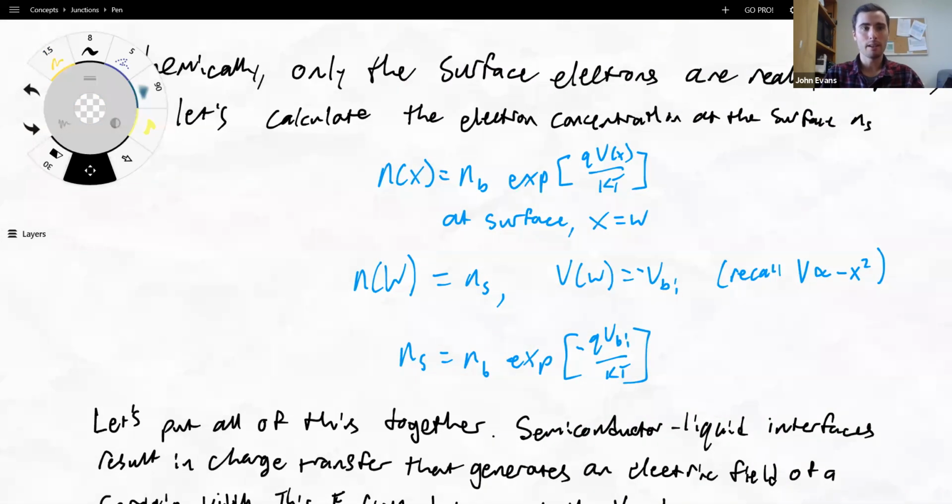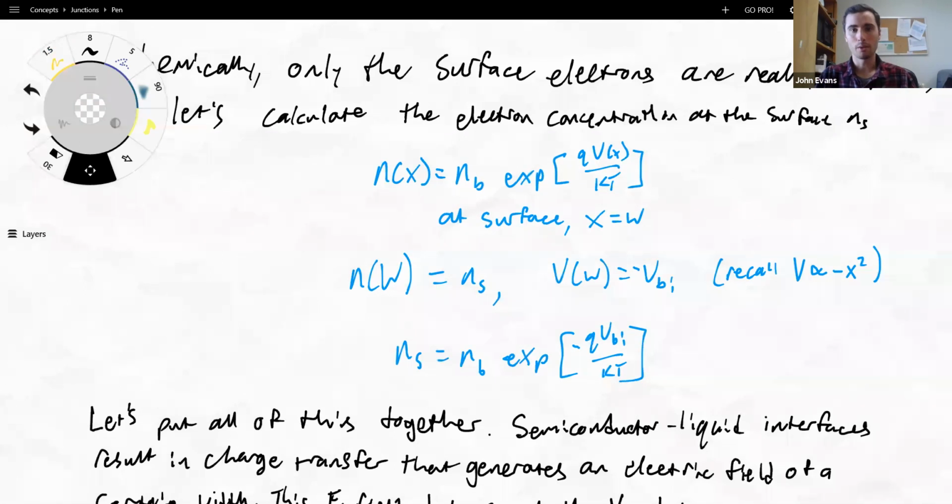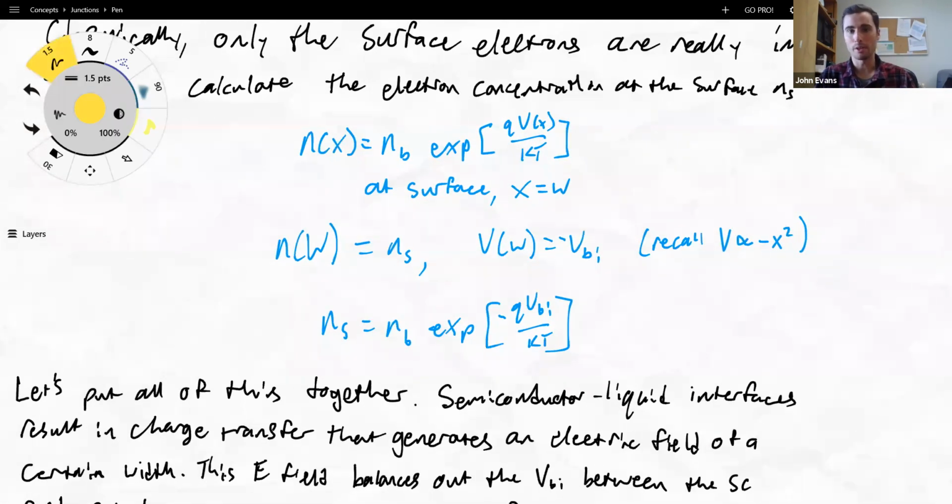And we're going to define a new expression for N sub S, which is going to be the concentration of electrons at the surface to be N of W. We're just going to say this is its definition. And then we are going to use the expression that we already know, which is that V of W is equal to actually negative V sub BI. Remember that V scales inversely with X squared.